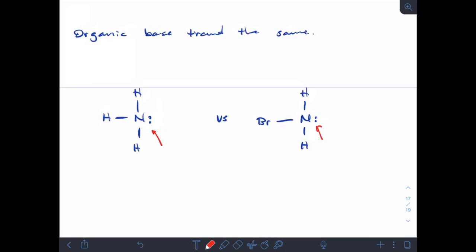On the ammonia, nitrogen is the more electronegative. So all of those electrons stay right around that nitrogen, right? With the bromine compound, on the other hand, bromine is more electronegative than nitrogen is. So the bromine pulls those electrons away from the nitrogen and stabilizes the nitrogen.